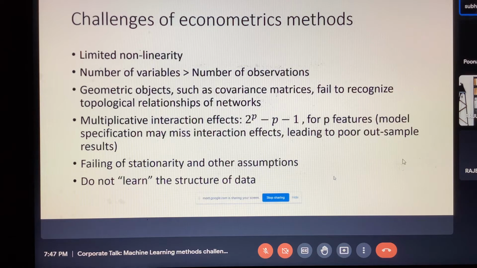Whereas machine learning models try to learn the structure of the data. Even if you give it other data, it will still try to learn. So basically, you can do a good job of generalizing the model, and that makes it so different.